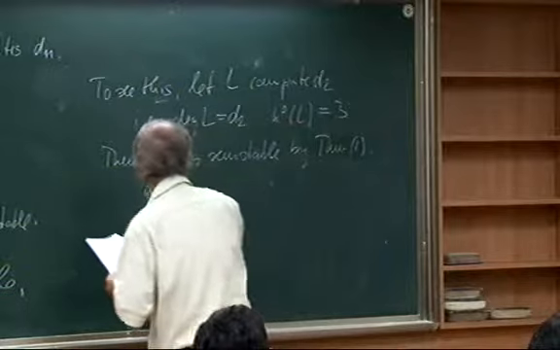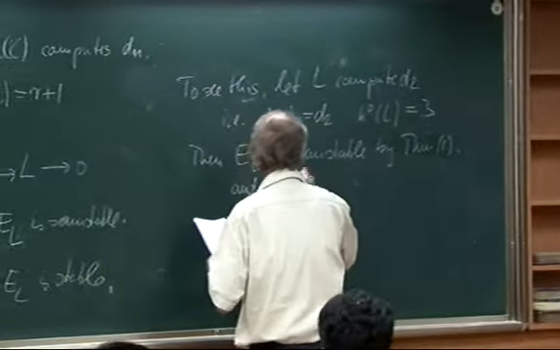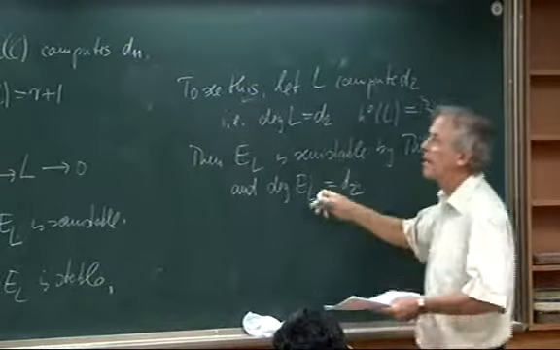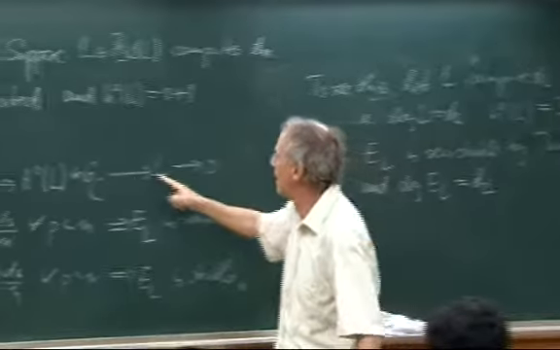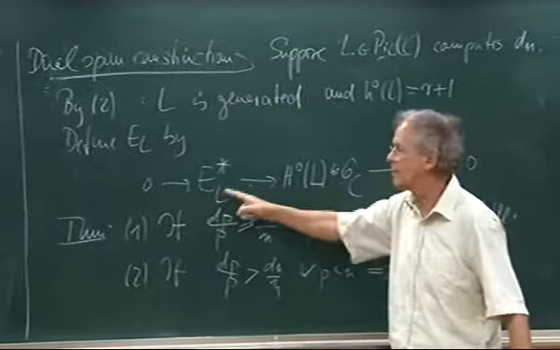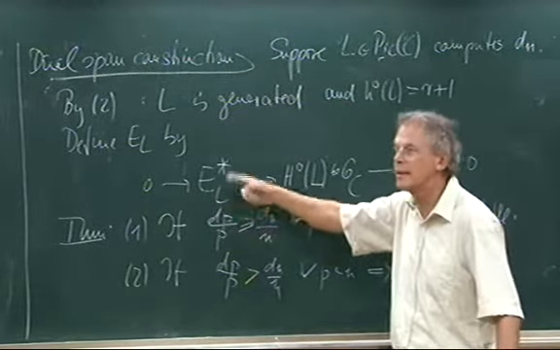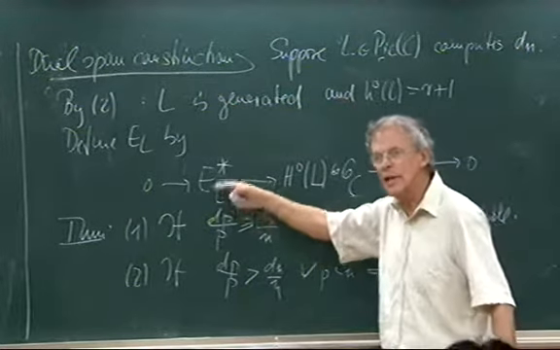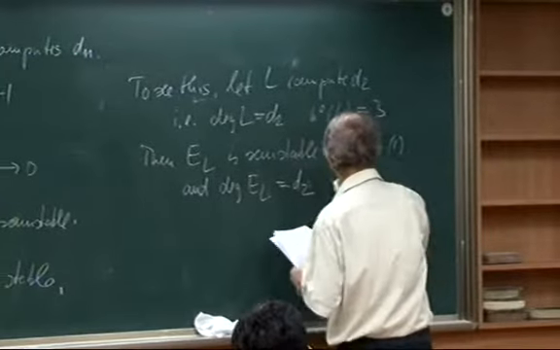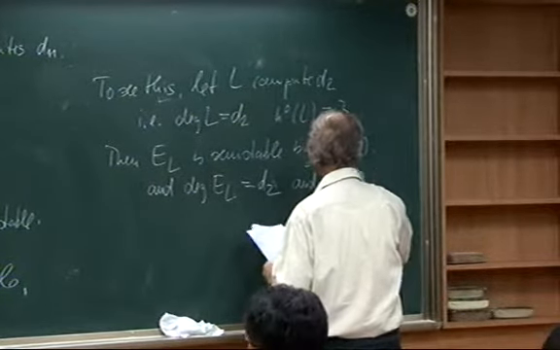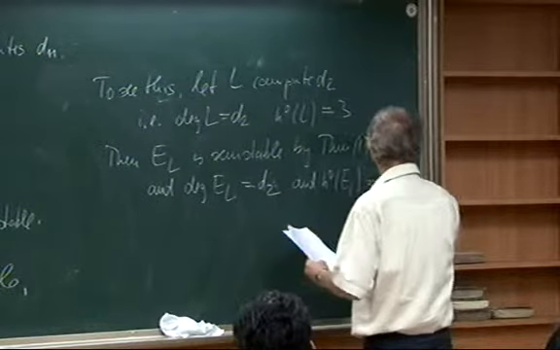And what's the degree of EL? This was D2, by the construction here, the degree of L. It's the degree of EL, right? Because the degree of L is minus the degree of this one here, and the degree of the dual is again minus, so the degree is D2. And moreover, we have H0 of EL. What is this?